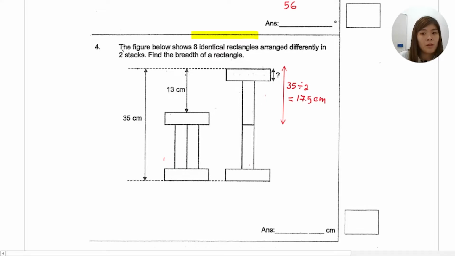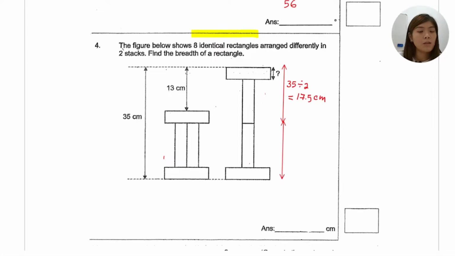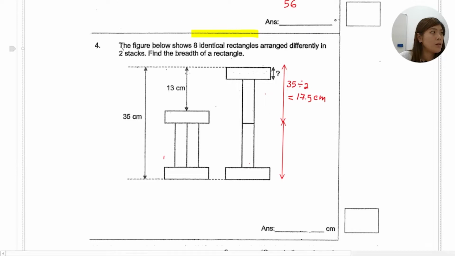Similarly, this side is also equal to 17.5 cm because they are identical. Next step: this whole thing is 35, here is 13, so you can find what is here.